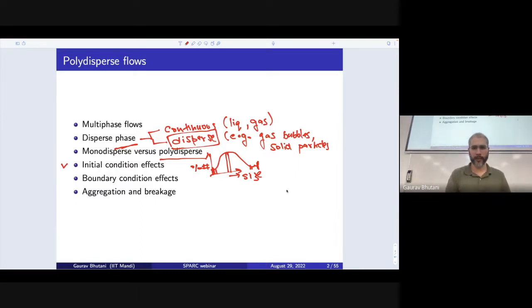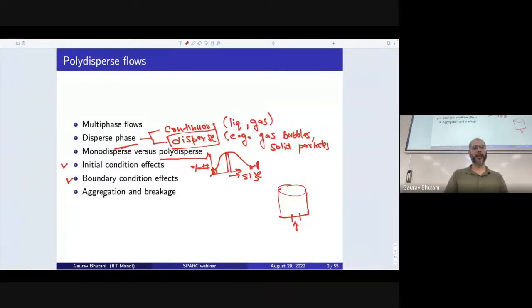So we have a cylindrical vessel, and at the bottom, we have an inlet from which gas bubbles are sparged in, and these gas bubbles, when they enter, have a size distribution. So even though in the beginning we either did not have any gas bubble inside, or we had all the bubbles of the same size to start with, as the bubbles enter, they bring in a size distribution. So that's polydispersity through boundary conditions. You are getting a size distribution because of some inlet to the system.